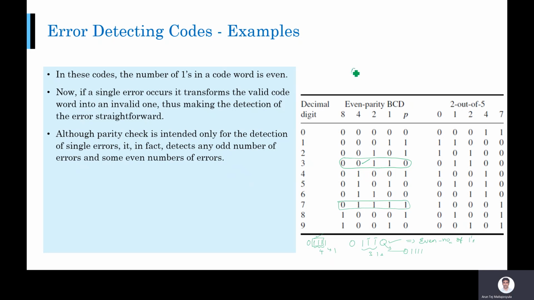So suppose you transmit 00000, and there are an odd number of errors. Let us say there are 3 errors: 01110.